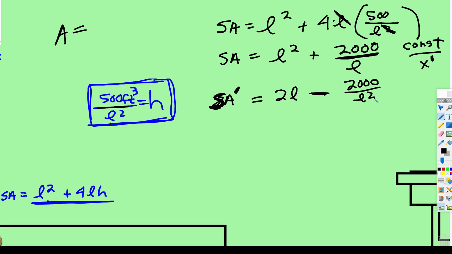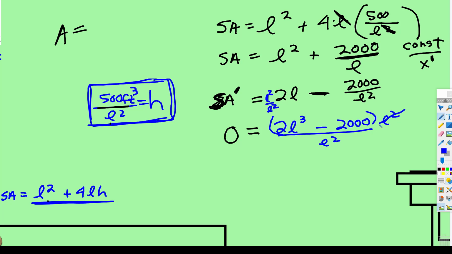Okay, so now I'm going to set this equal to 0, and while I'm doing that, I want these two to have the same denominator as this, so I'm going to multiply the numerator and the denominator by L squared. So now I have 2L cubed minus 2,000, all of that over L squared. Well, I don't like this denominator, so I'm going to multiply both sides by L squared.